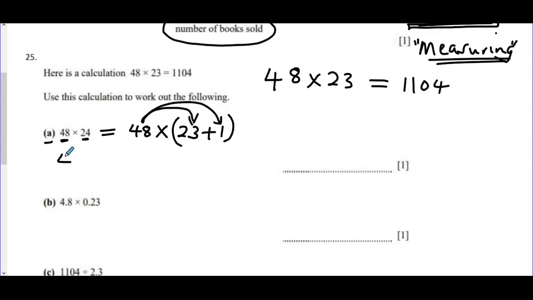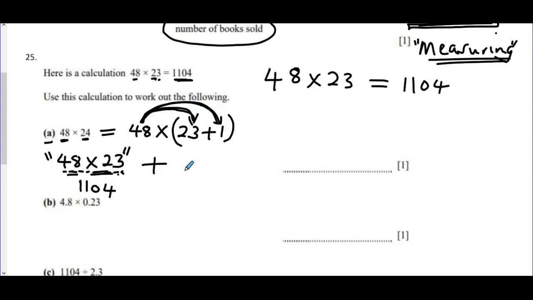So this will be 48 times 23. And 48 times 23, from the calculation we have, is 1104. So I'm going to write 1104 here. Then, opening the brackets, plus 48 times 1, which is 48.